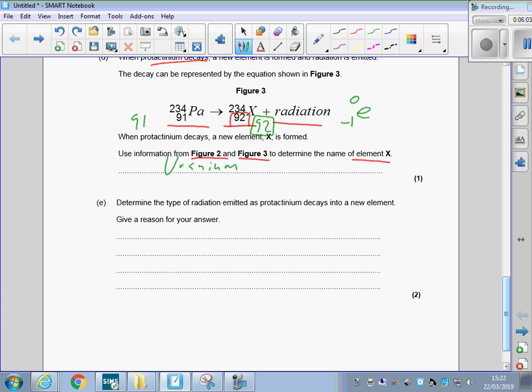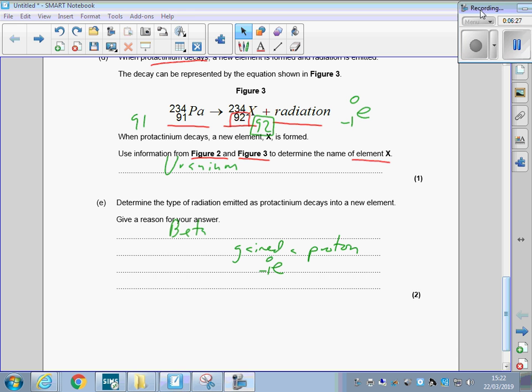So our answer is it's beta radiation. And why is that? It's because we've gained a proton, and when that happens, we also get an electron released, and that's beta radiation. So, two parts of the question, one on half-life and one on those decay equations.